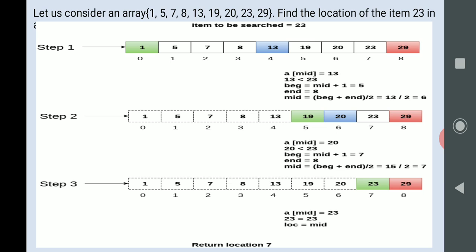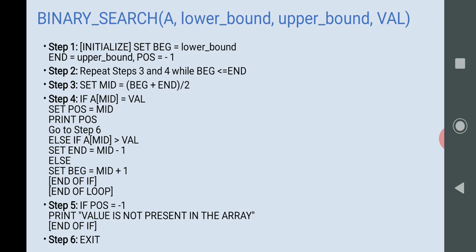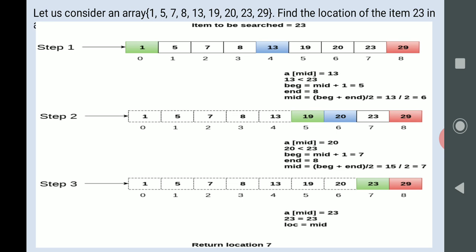I compare 23, which doesn't match, and it is greater, so I will again change my beginning. Now it comes to 7, and 8, so my middle is 7, and I get that the element at position 7 matches 23. So my location will return 7, so POS will be 7. I was looking for 23, and it is just returning the location of the item.